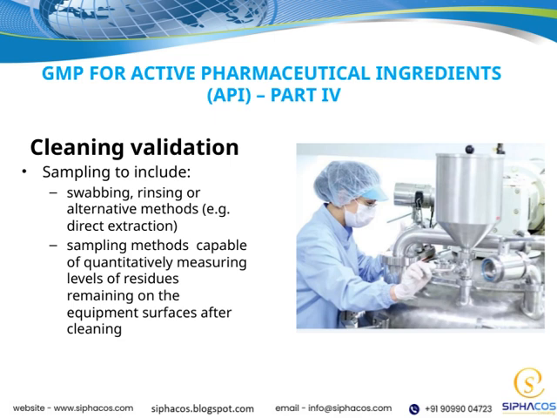This ensures that any potential contaminants are below acceptable limits. Remember, maintaining consistent and effective cleaning processes is essential for compliance with GMP for active pharmaceutical ingredients. It's all about making sure that every piece of equipment is properly cleaned and that residues are controlled, which ultimately protects patients and supports product integrity.